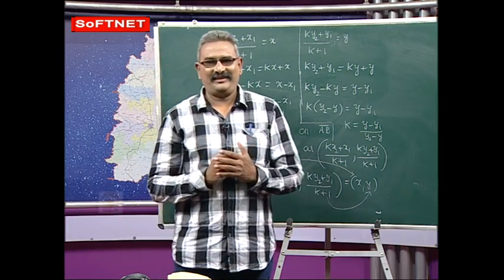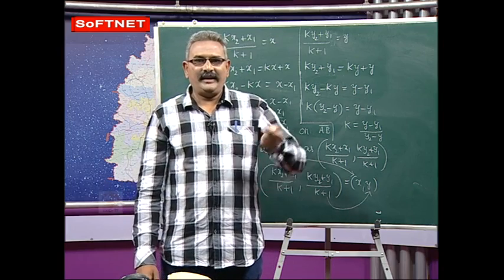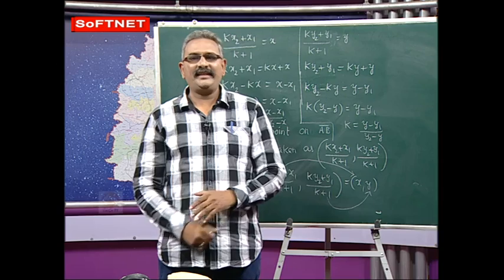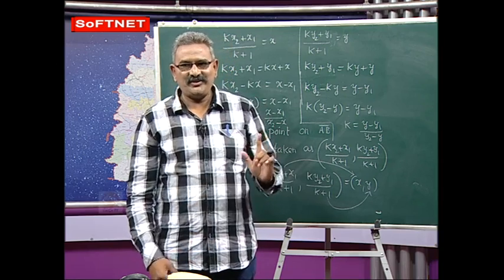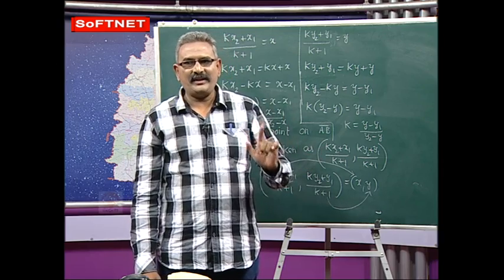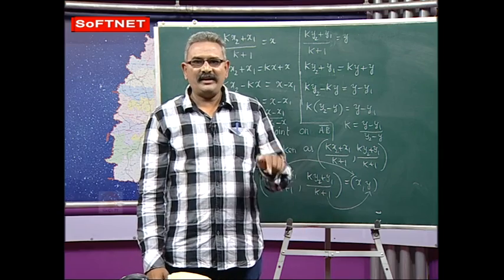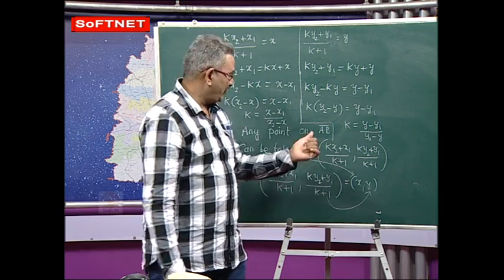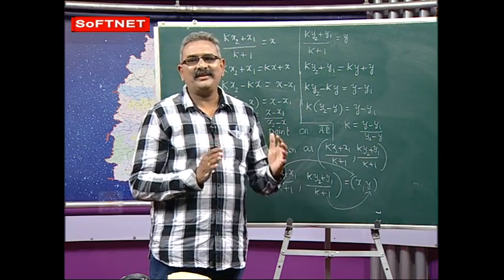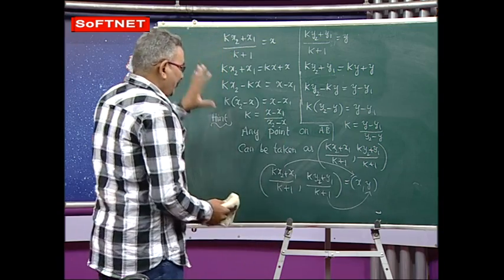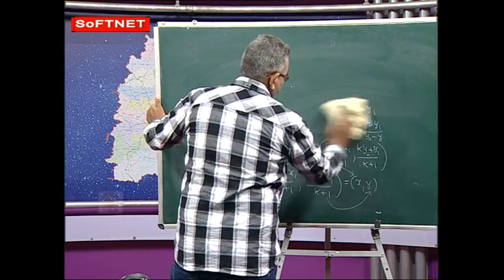That means the ratio at which x comma y divides the line segment joining the points x1 comma y1 and x2 comma y2 is x minus x1 is to x2 minus x, or y minus y1 is to y2 minus y. Both ways you can remember the formula. Okay, let us formulate it now.